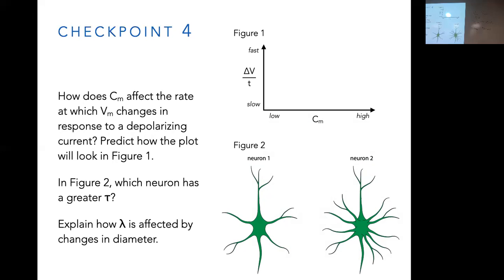Why do you say that? What did you think about to come to that answer? Yeah, tau. In this case, we're talking about the space constant. We could be talking about a microtubule-associated protein, but we're not. We're talking about the space constant.